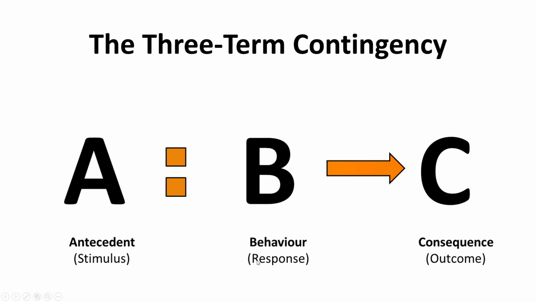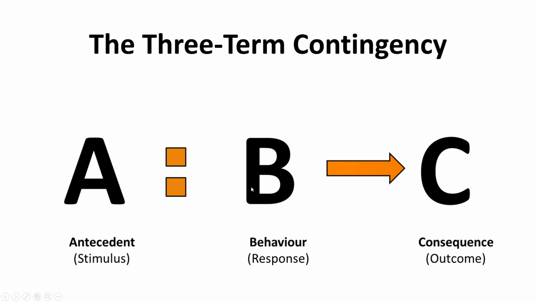You'll also sometimes see this called a response and an outcome. You may have already heard the terms S, R, and O when it comes to learning, and those terms will come up later on in this course. Here we're calling them antecedent, behavior, and consequence.